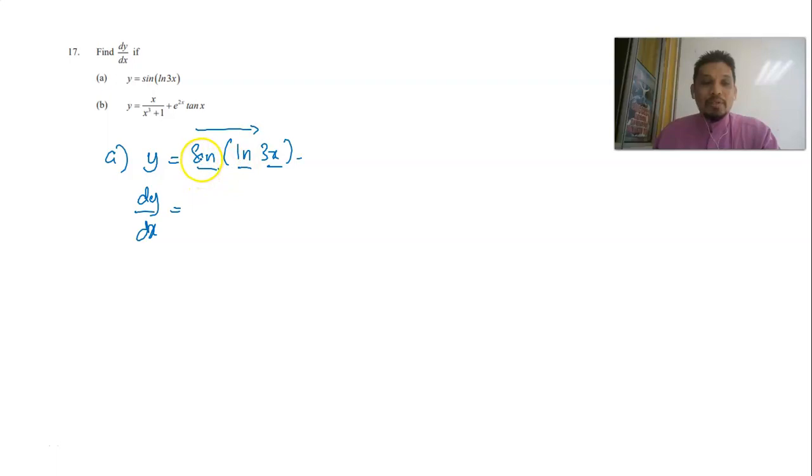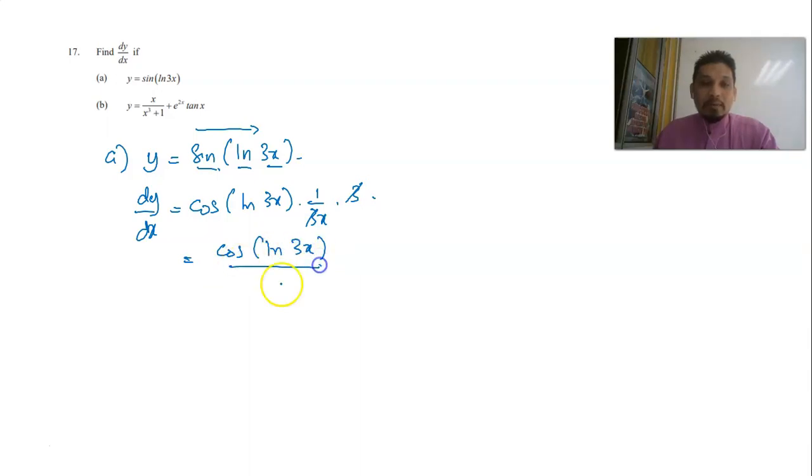So first we differentiate sine, it gives you cos natural log of 3x. Multiply with the derivative of ln 3x, which is 1 over 3x. Multiply with the derivative of 3x, it gives you 3. So 3 divided by 3 here, so it gives you cos natural log of 3x divided by x.